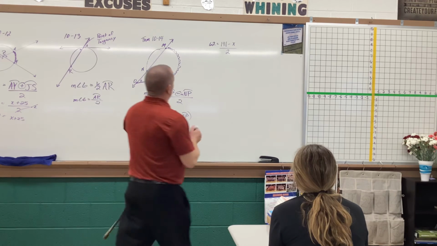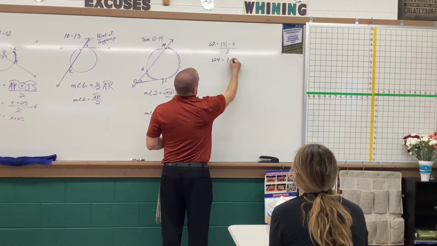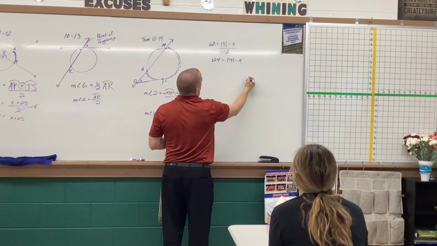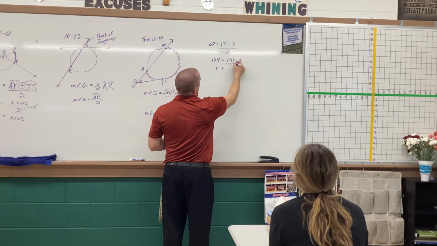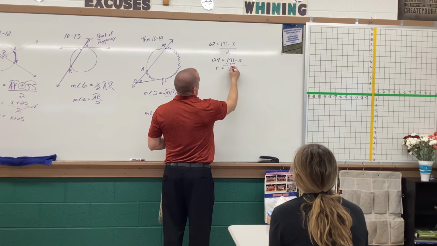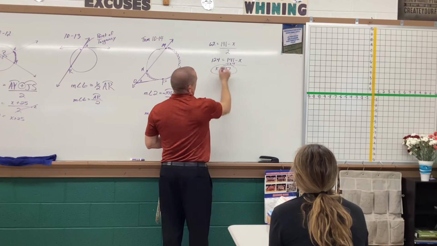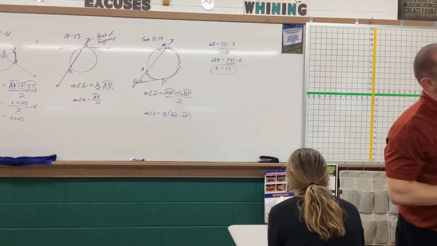What's the answer? So if we do this one, we get what? 124 equals 141 minus x. I'm going to actually add x and then subtract 124. So we get what? 17? Yeah, is that what you guys got? Yes. So what does it ask? BC.